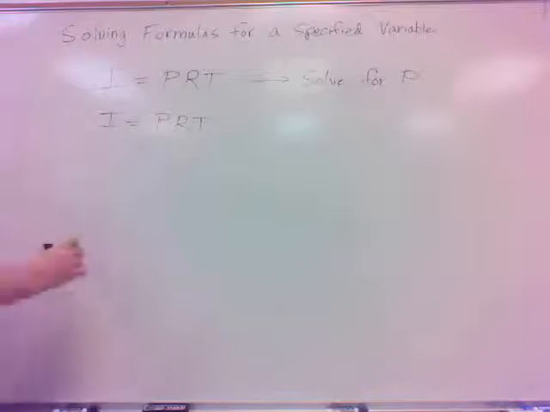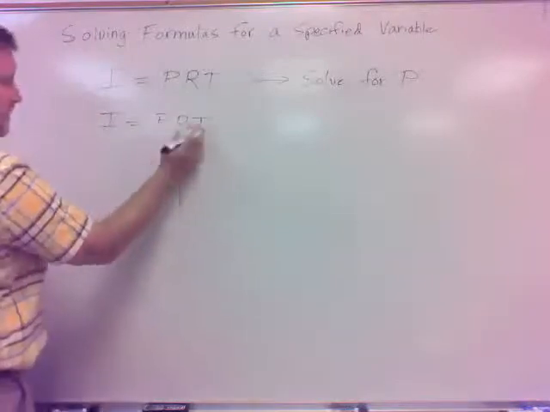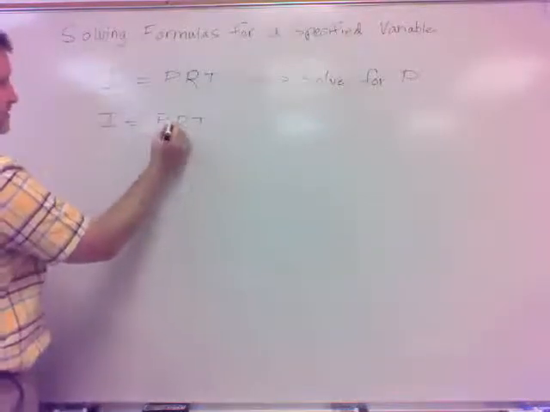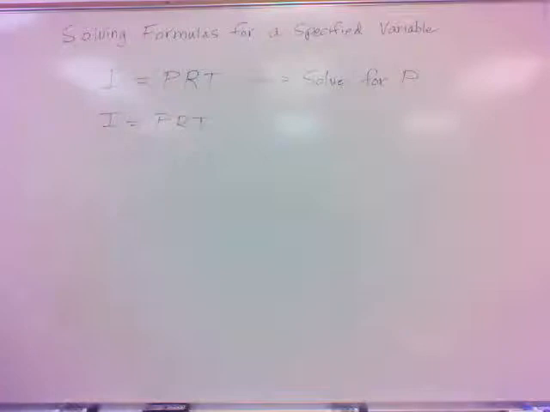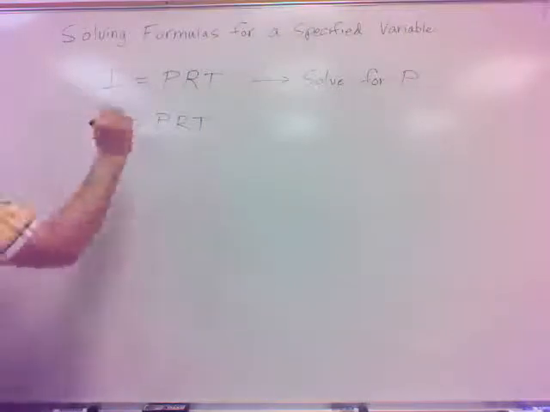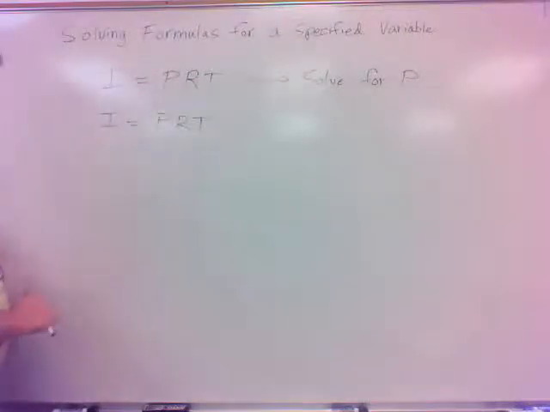And how would I do that? Well, the operation there is not showing, but if I were to put operations in there, it would be multiply. It's p times the r times the t is what is meant there. And so I need to get rid of something that's times p, two things that are times p, in other words. And so how would I do that?